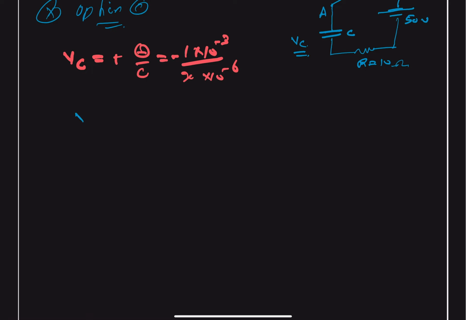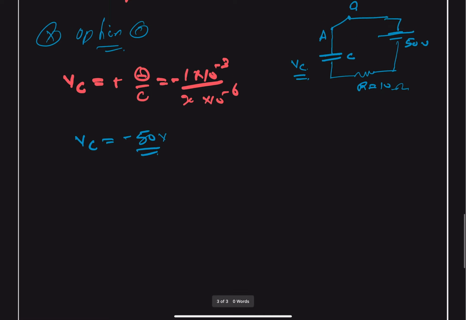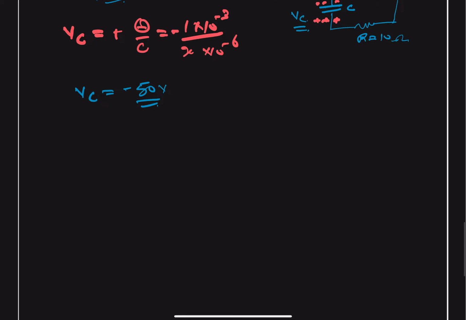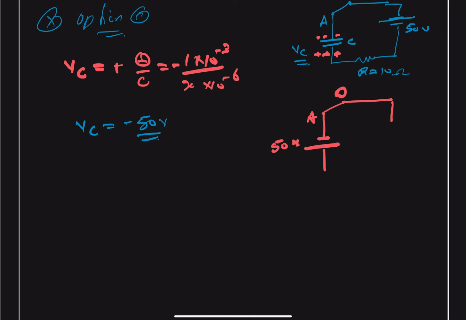So this gives us that our capacitor voltage is minus 50 volt, which basically means that this top one will be negative and bottom one will be positive. So we can replace it by an equivalent voltage source like this, and this voltage source is of 50 volt and it is connected to point D with another voltage source which is also a 50 volt source and a resistance of 10 ohm.